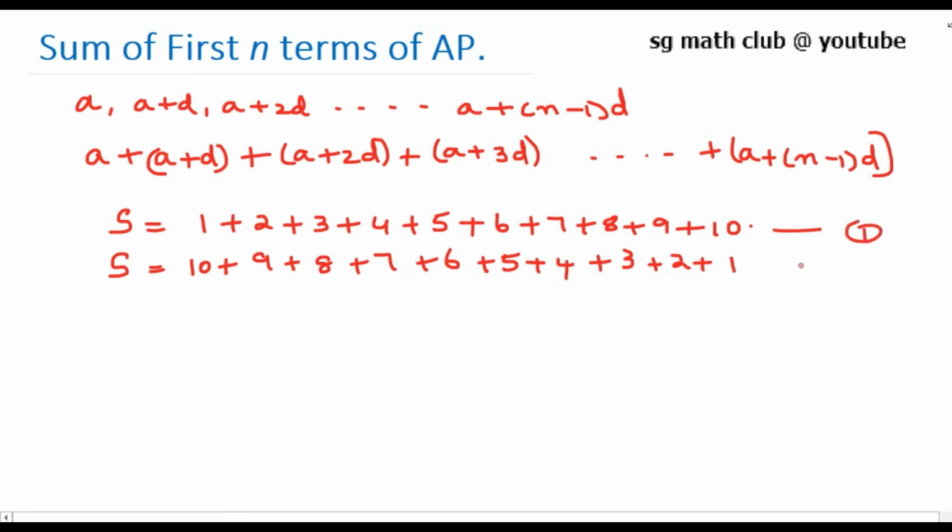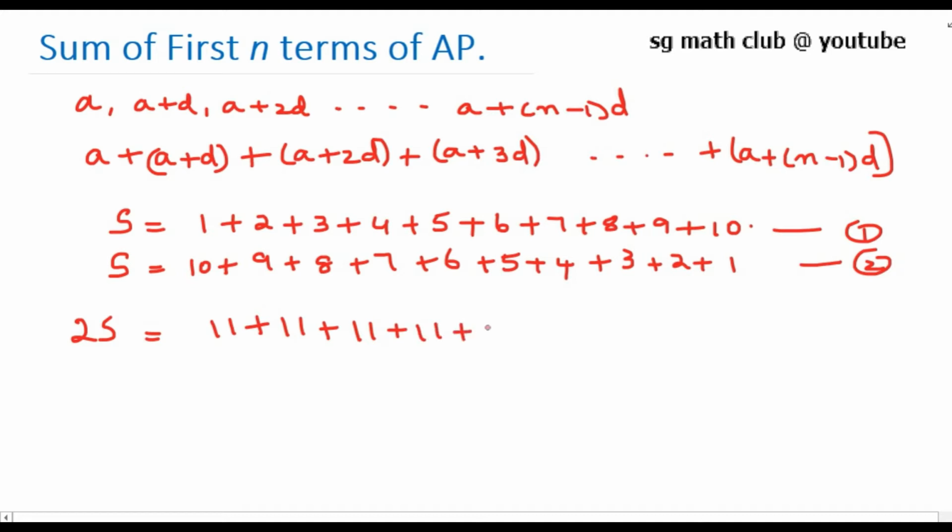Let this be equation number 1 and this be equation number 2. So S plus S is 2S. 10 plus 1 is 11. Again 9 plus 2 is 11. 8 plus 3 is 11.